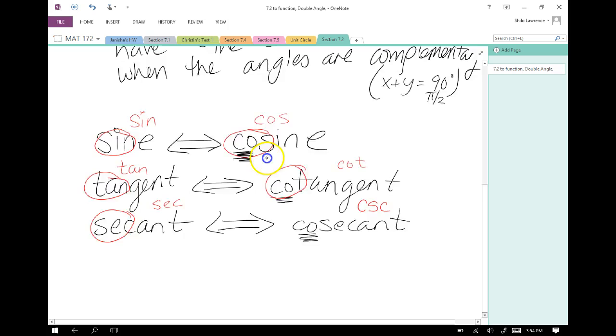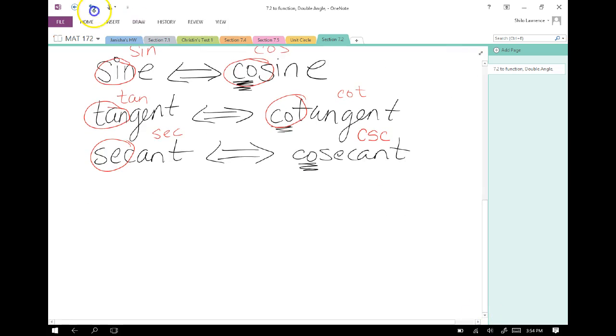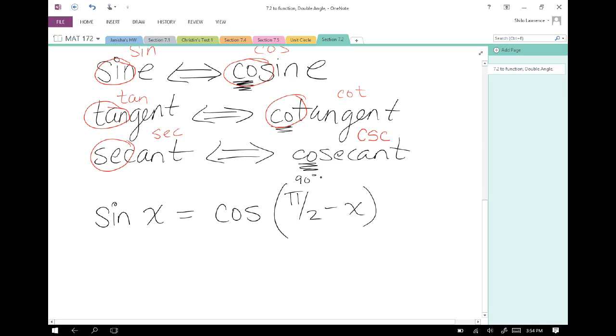So our cofunction relationships, if we write this out as an algebraic formula, the sine of some value is going to be exactly the same as the cosine of whatever pi over 2 minus that value is, or 90 degrees minus that value. Pi over 2 radians is the same as 90 degrees.